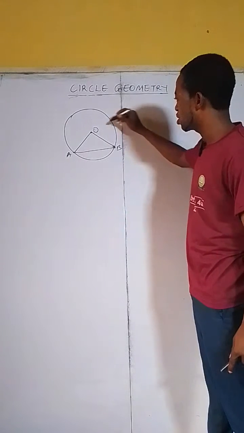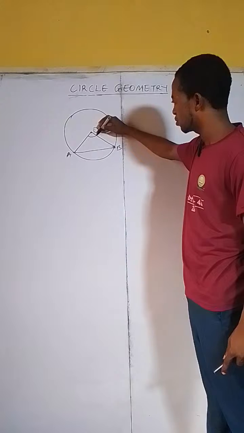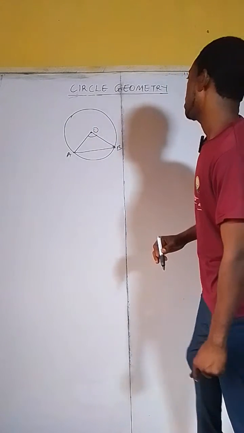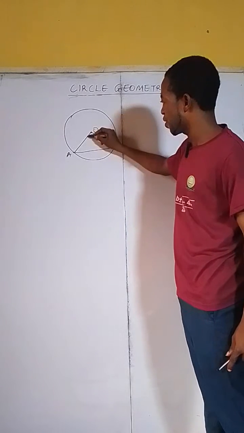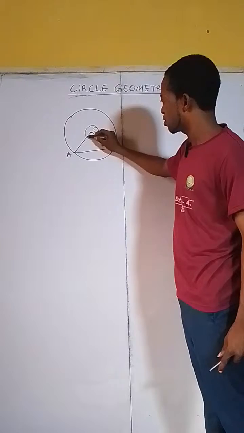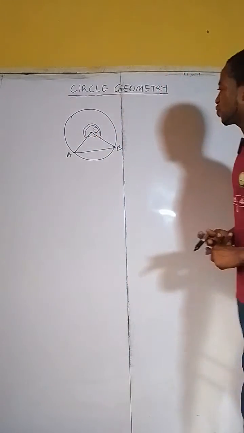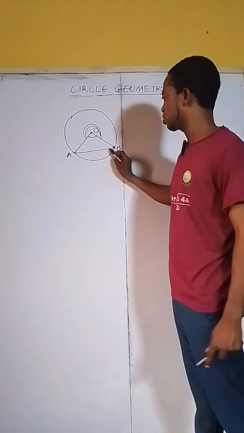We have the obtuse angle here, okay, and we have the reflex angle here. These are the two angles formed by this chord AB.